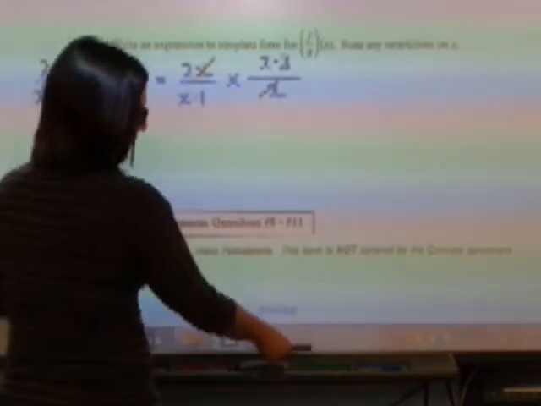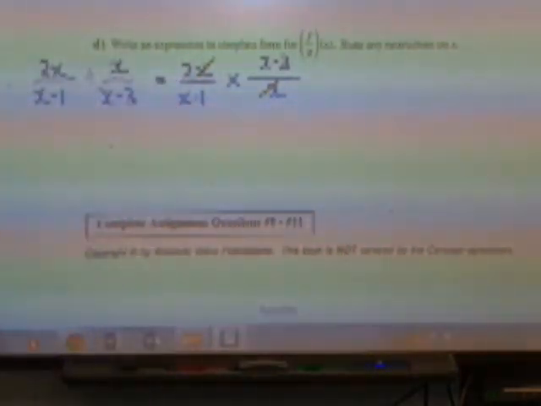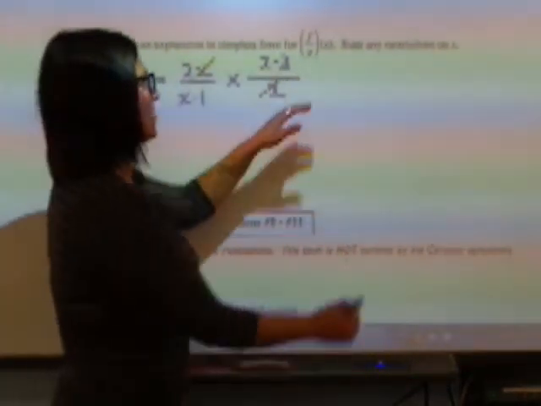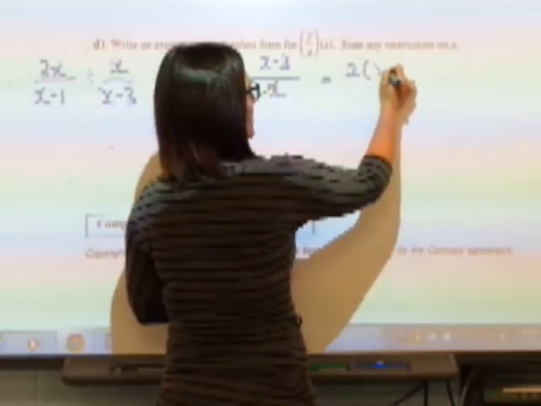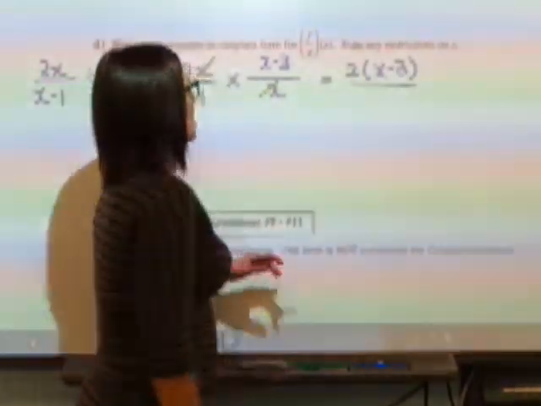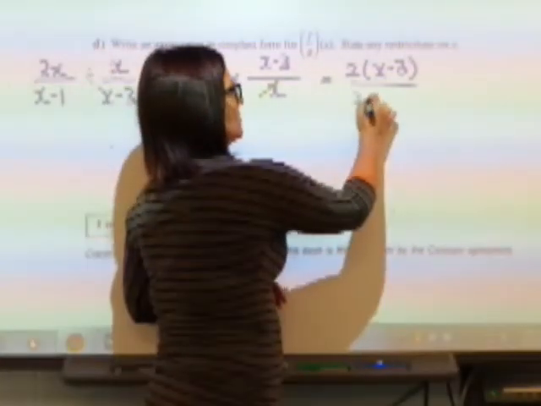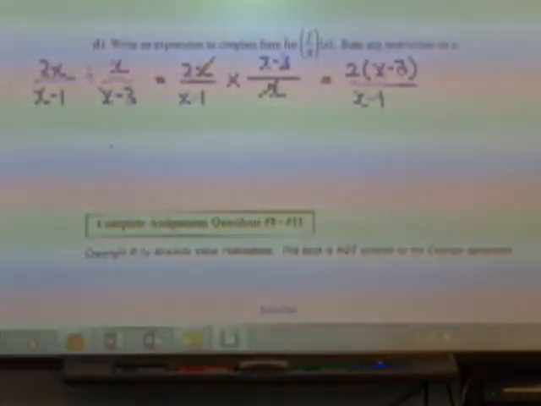I can still cancel out the x. And then when I multiply, I now multiply straight across. So I have 2 times x minus 3 over x minus 1. Now, what are my non-permissible values?